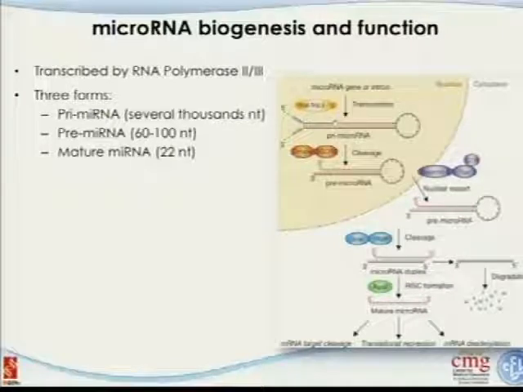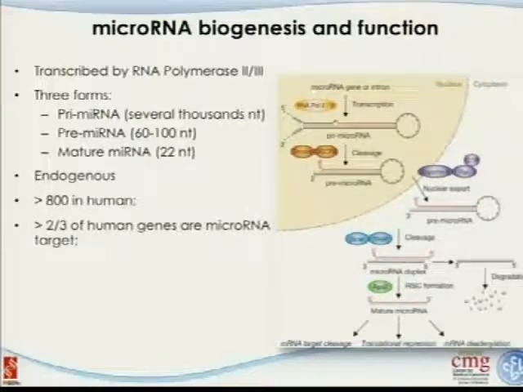We know that Dicer and Drosha act on it, and it eventually becomes the mature microRNA that is only 22 base pair long. So it's three different forms: primary, very long; precursor, about 100 base pair; and the mature, which is very short. And we have almost 1,000 microRNAs in the human genome.